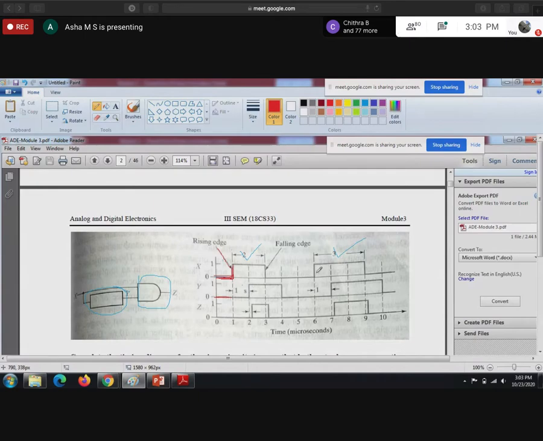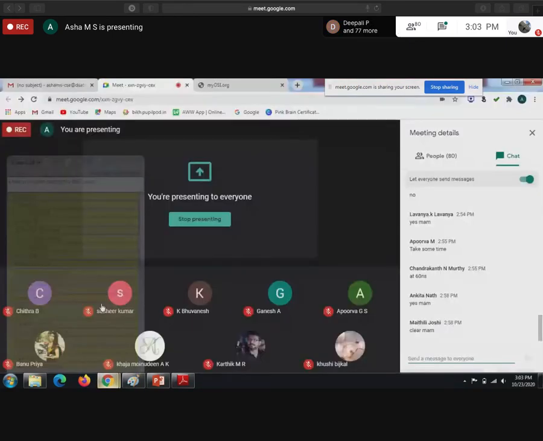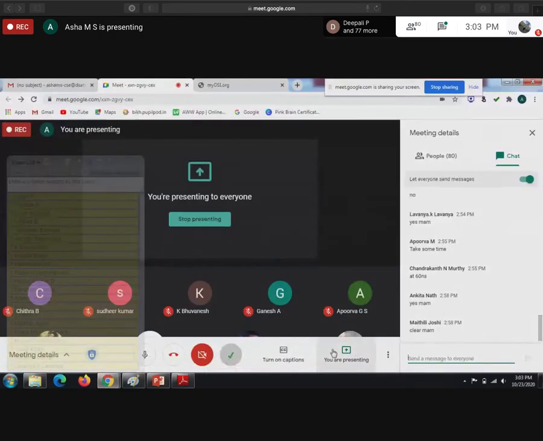And after the falling edge, after 1 nanosecond, it is going to change. Make a note of X and Y: both are the same pulses, just after 1 nanosecond of the rising edge and falling edge of X, the output Y is changing.